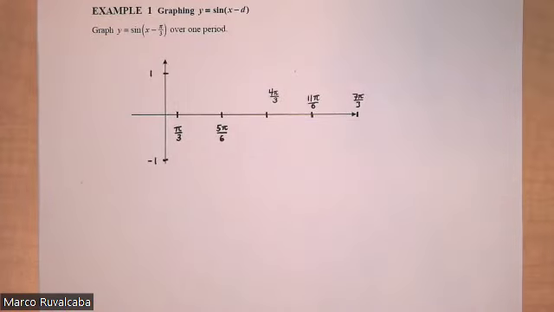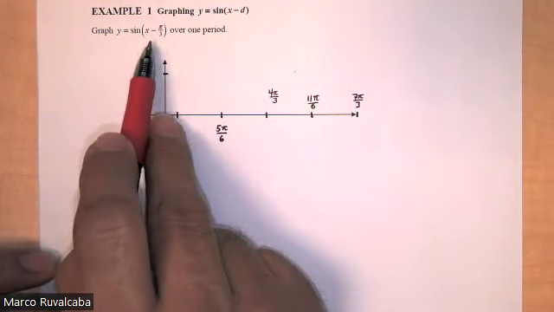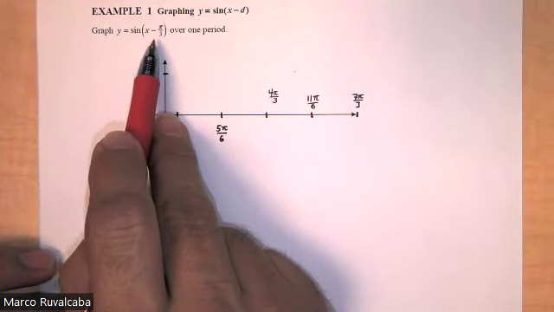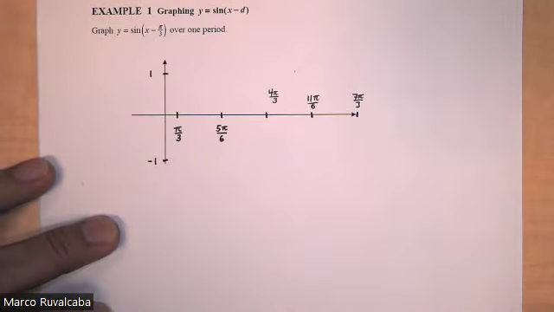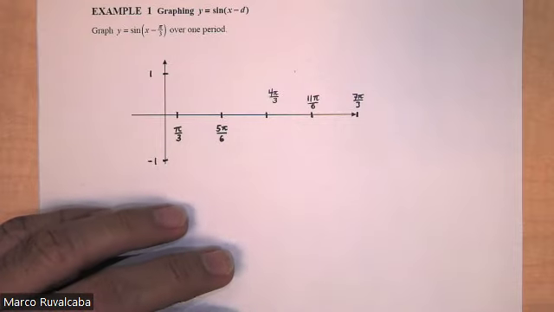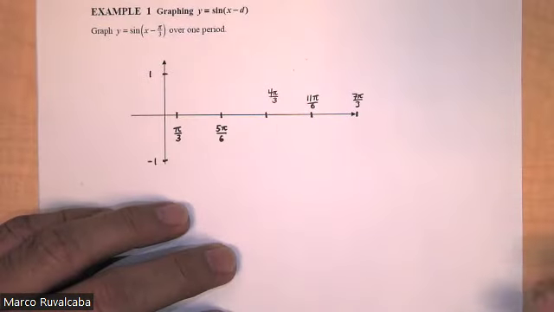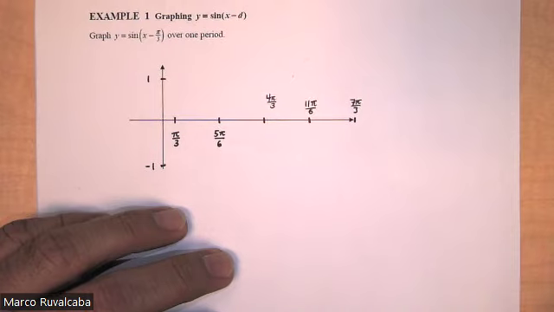Like a regular sine or cosine function, any function that you graph has to go through a certain period. If you remember, the period that we discussed before is always 2 pi, but now we have a difference of pi thirds in the argument. So we need to solve an inequality of that value between 0 and 2 pi.